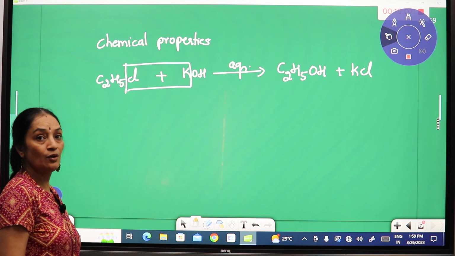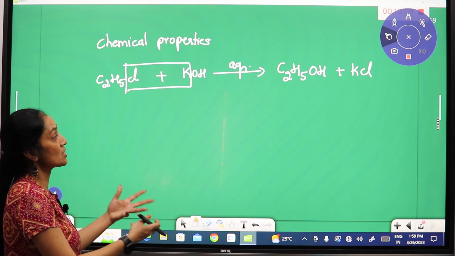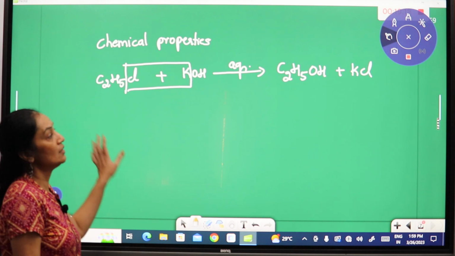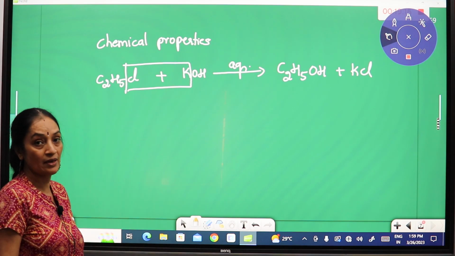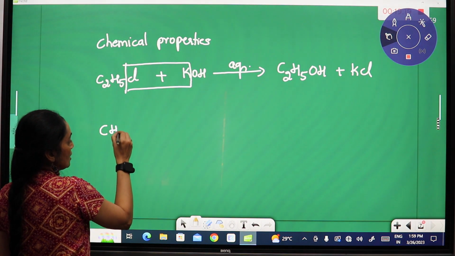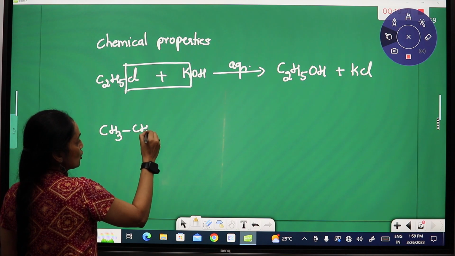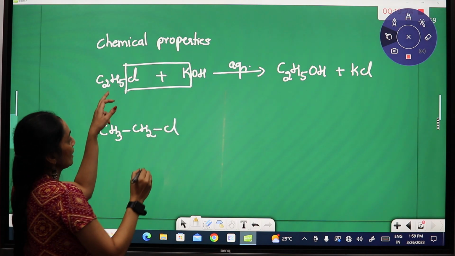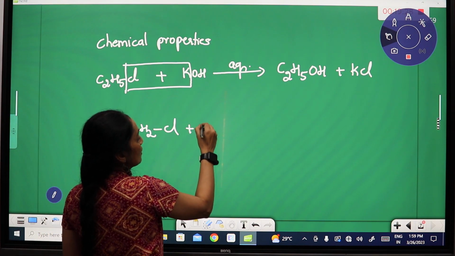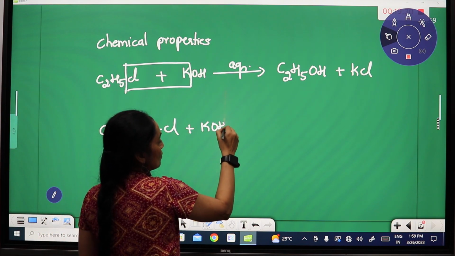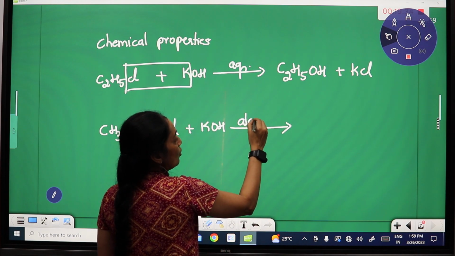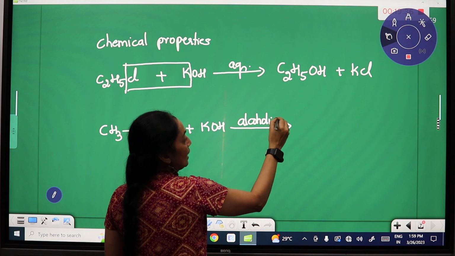Same thing. Now, you may ask why we specify aqueous medium, why not any other medium? I will let you know that. Right now I did the aqueous medium. Same reaction, if I take CH3CH2Cl, the same ethyl chloride split like this, I will treat this with potassium hydroxide, but in an alcoholic medium.